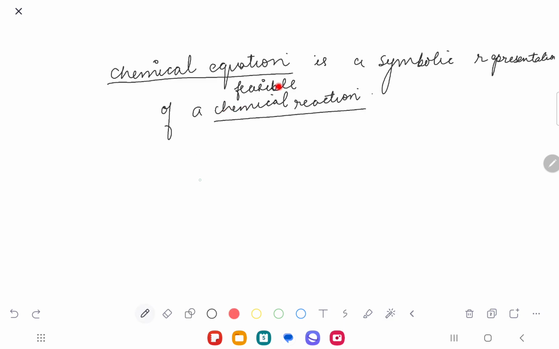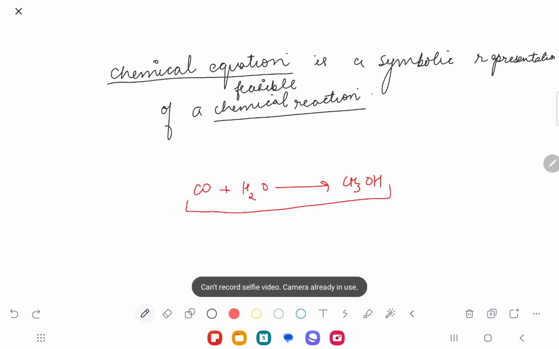See, it's like if I say CO with water gives CH3OH. Now I have written down this equation on the page. But in reality, this reaction will not even take place in the laboratory. So do you understand that there is no point in writing down this equation?